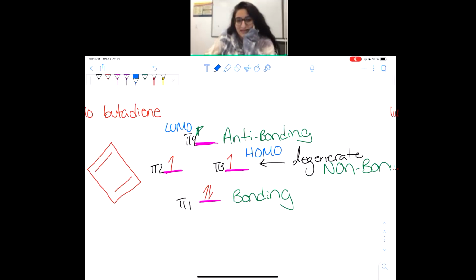And this one, people tend to get really confused. You guys seem to have gotten it because most people answered. But people get confused because each of these is half full. But the HOMO does not have to be completely full; as long as there is one electron in it, that can be considered the HOMO.